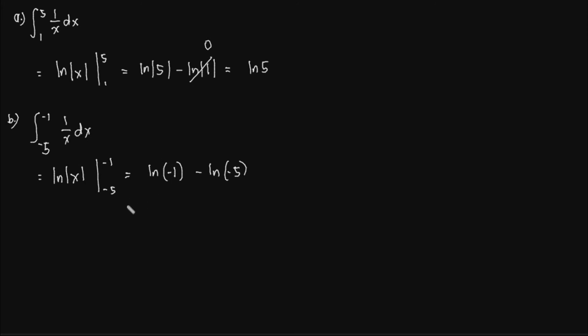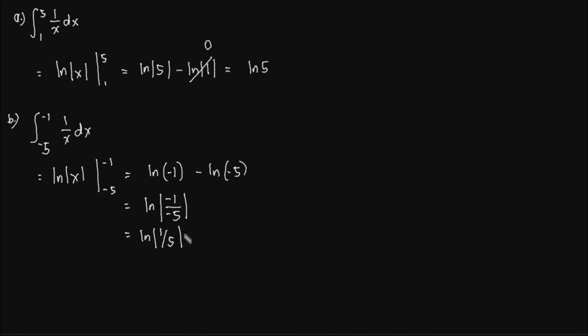Pero what if we try to apply one rule of our natural logarithm, which in this case, if I have ln of a minus ln of b, I can rewrite that as ln of a over b, which in this case becomes -1 over -5. Okay, and then finally, we could just say that this is the natural logarithm of 1/5. Okay, and I hope this makes sense now.